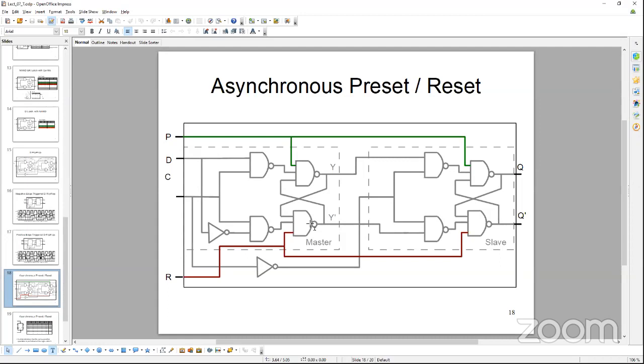It will make the output of the NAND 1, which is a known logic, which will in turn make the Y output 0. And similar logic applies here on the slave side. It will forcefully turn the output of Q bar to 1, which will in turn make the Q output 0. So this is all about setting up this sequential circuit in a known value. We start at a known value.